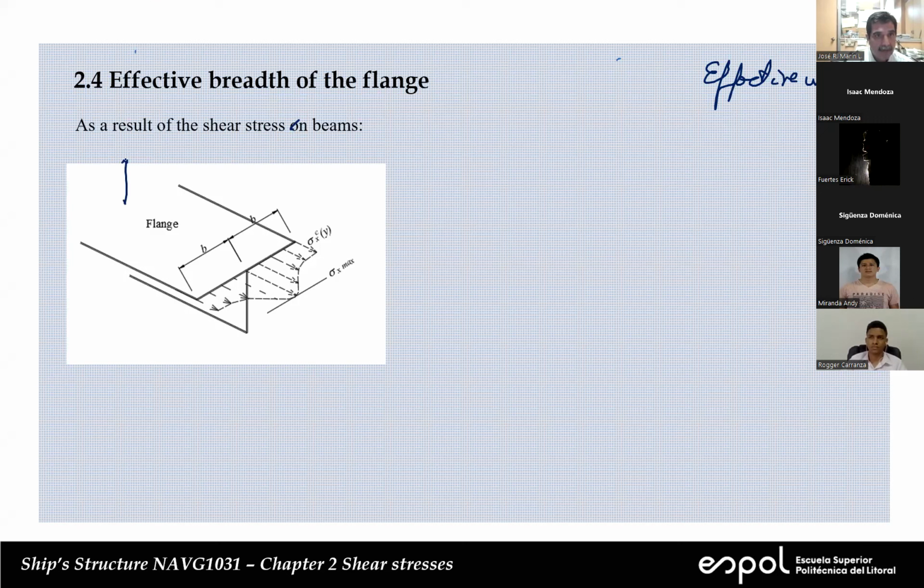Let's suppose I have a lateral load, so this is P of X. So I have a lateral load in the Y direction. And because of this lateral load, we're going to have this and that. This is V of X, the shear force, and this is the bending moment, okay?